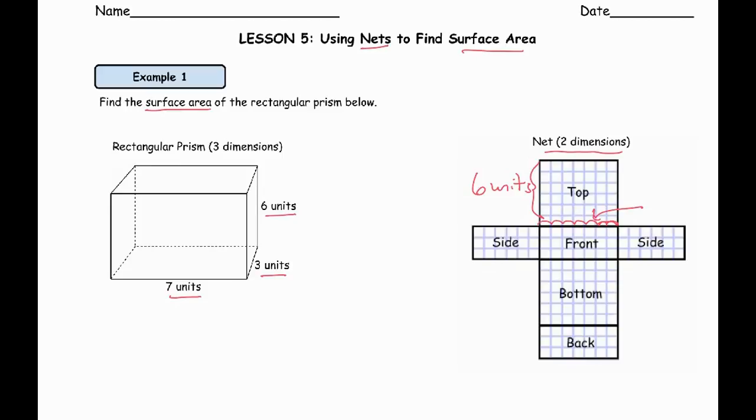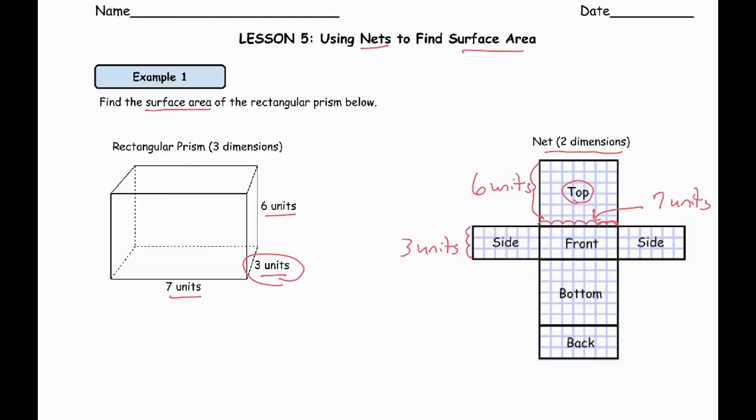There's the 7 units. And we have one more dimension here, 3 units. Let's count 1, 2, 3. There's our 3 units.